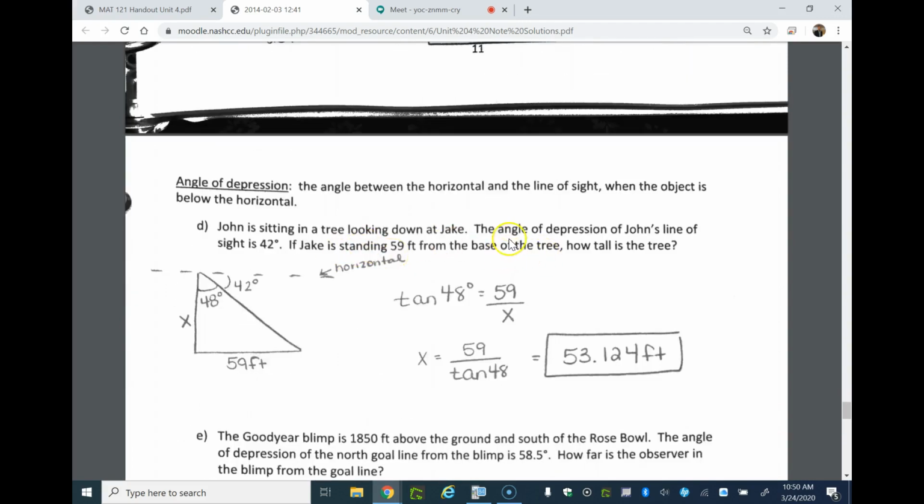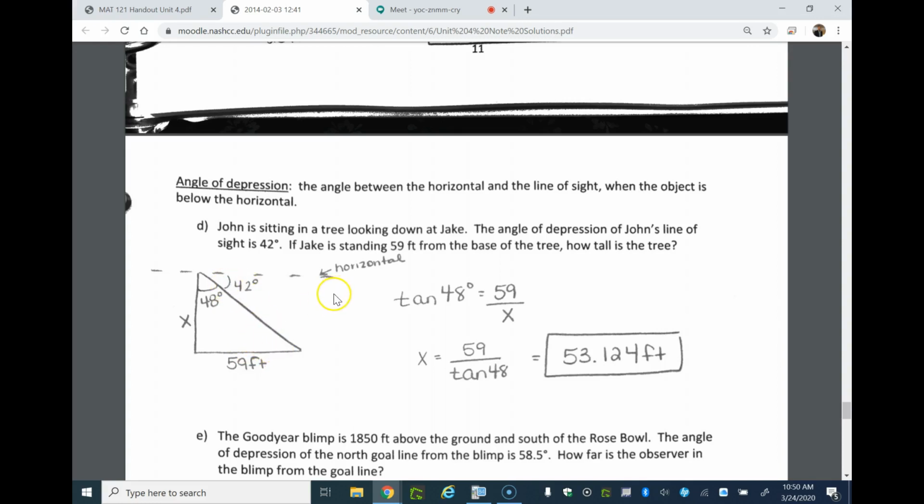And this one here, for the example, the angle of depression is 42 degrees. So if you're looking down at an angle of 42, if you add both of them together, that makes a perfectly right angle. Now, back in unit 3, opposite angles are equal to each other.